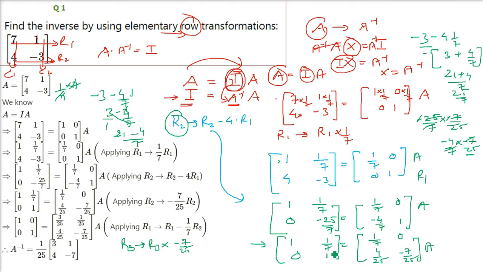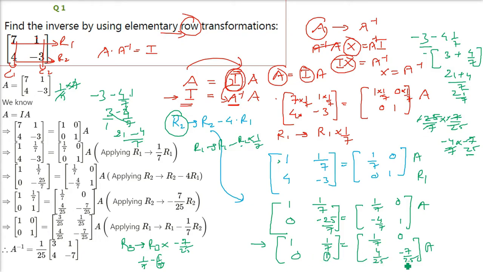But we don't need a 1, we need a 0. And 0 can only be obtained when you use this 1 below 1 by 7. So 1 by 7, if you subtract by 1 by 7, you get 0. You have to multiply this 1 by 1 by 7 and then subtract it with 1 by 7. So the whole thing is, row 1 we are changing to row 1 minus 1 by 7 into row 2.